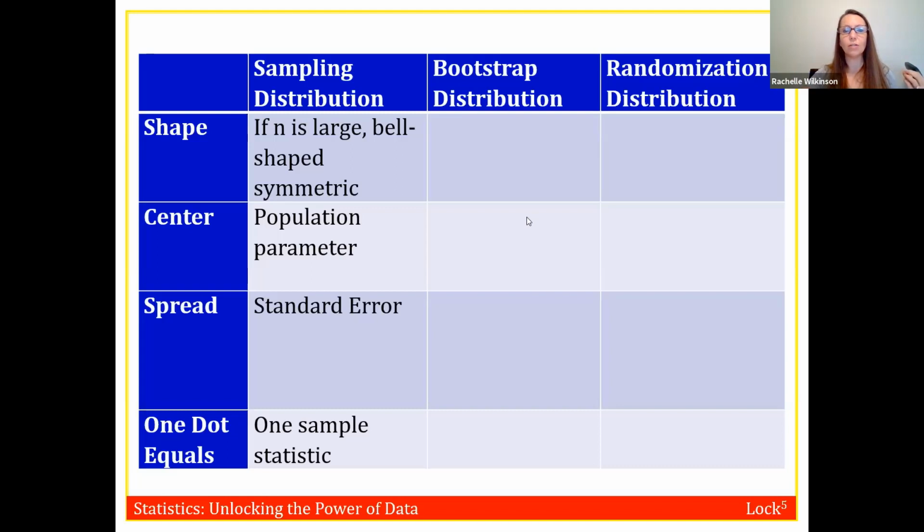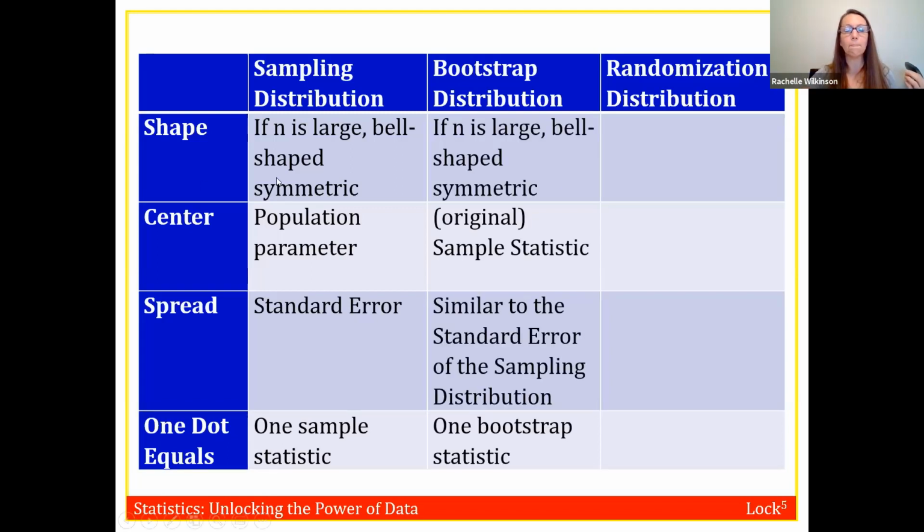Thinking about the characteristics of the bootstrap distribution, the shape is also going to be bell-shaped symmetric if your sample size is large. The center of the bootstrap distribution is going to be equal to the original sample statistic, because we're sampling from our original sample. So the mean of all those bootstrap statistics is going to be equal to our original sample statistic.